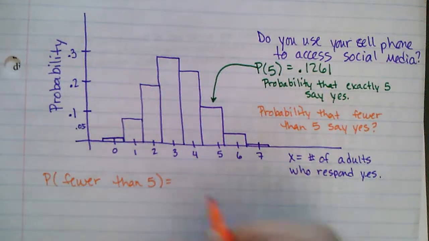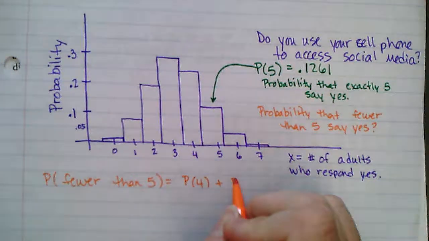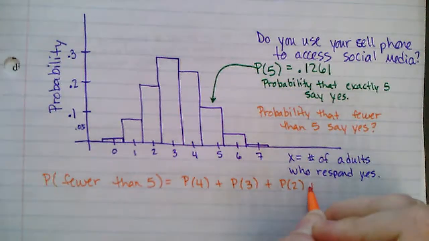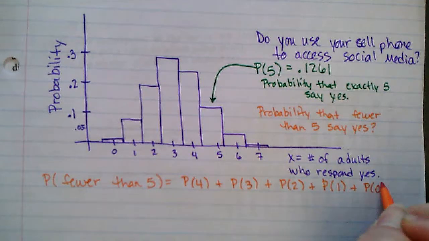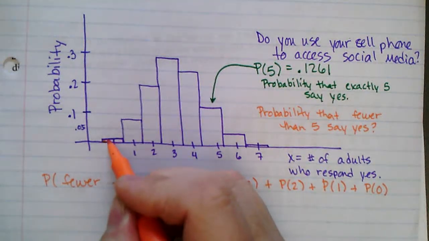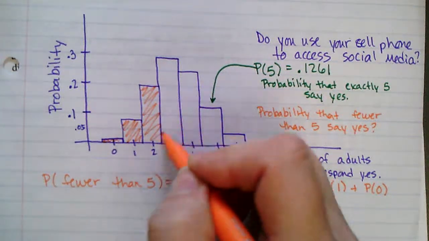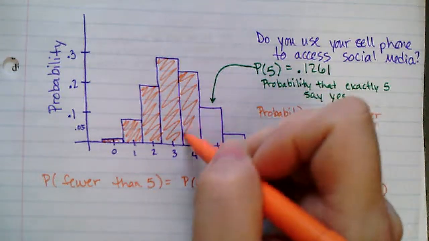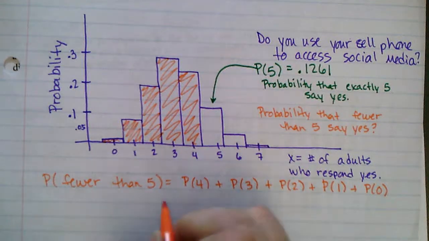So one way would be to figure out the probability that 4 said yes, plus 3 said yes, plus 2 said yes, plus 1 said yes, plus 0 said yes, because that would be fewer than 5. So that would be this bar, this bar, this bar, this bar, this bar, and I would have to add all those up.